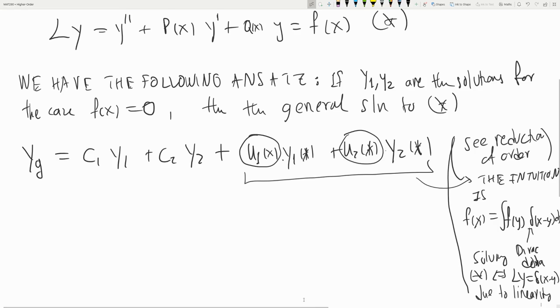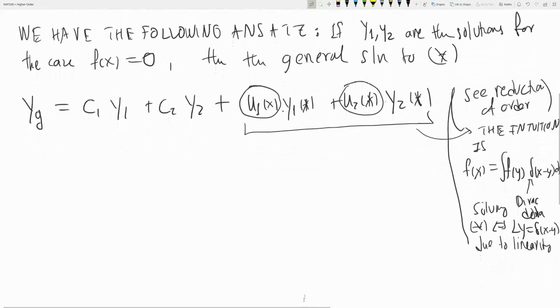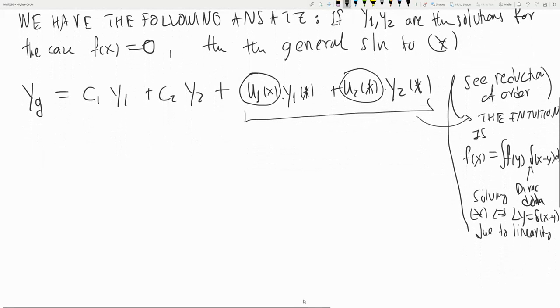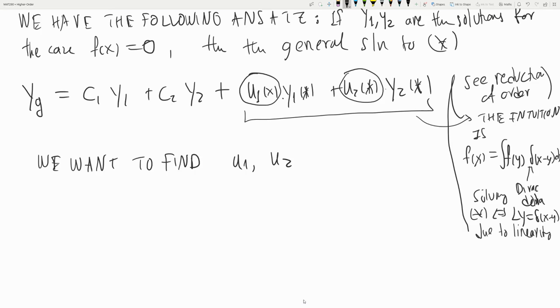All right, so now I'll just review what you did in 187. We want to find u1 and u2, okay?